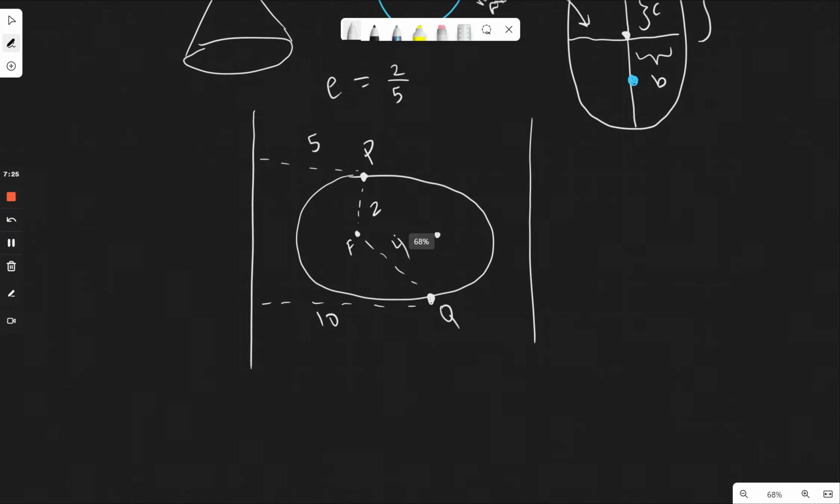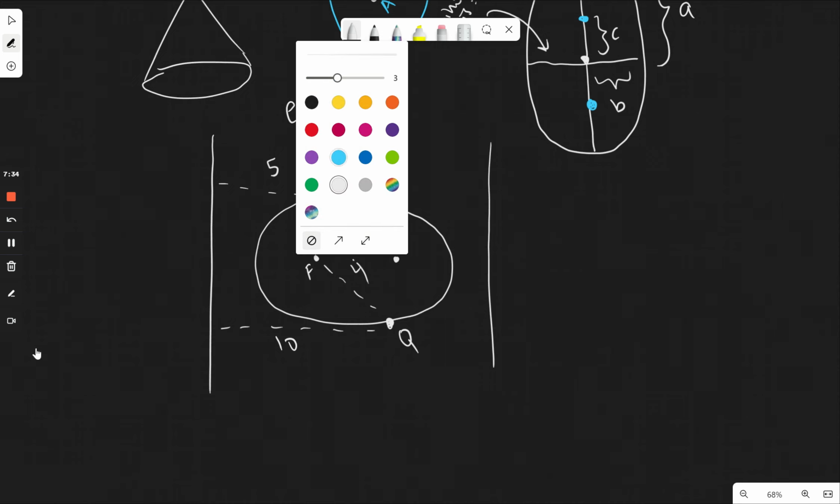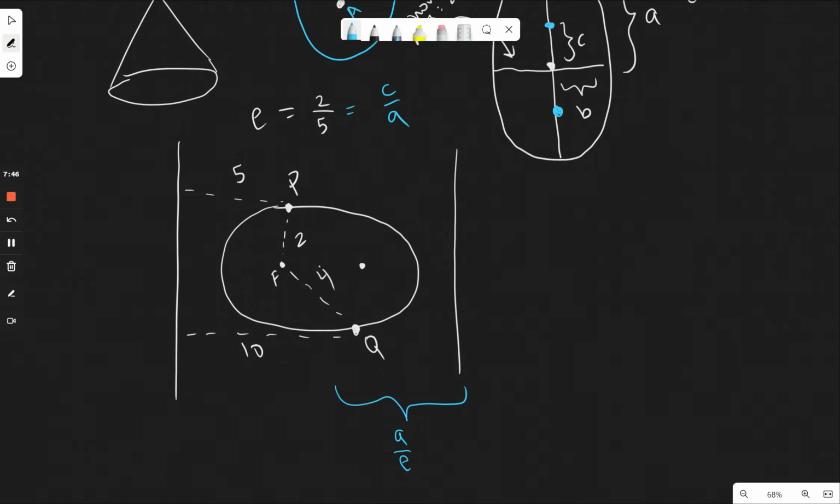But now you might be thinking, how do I find the distance to the directrix? Well, from the center, the distance to the directrix is actually a over the eccentricity. And then the eccentricity is also equal to c over a, which is good to know.